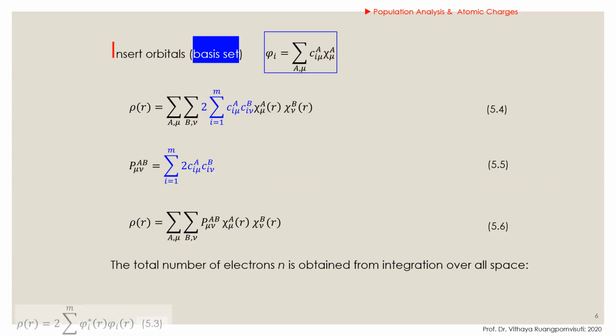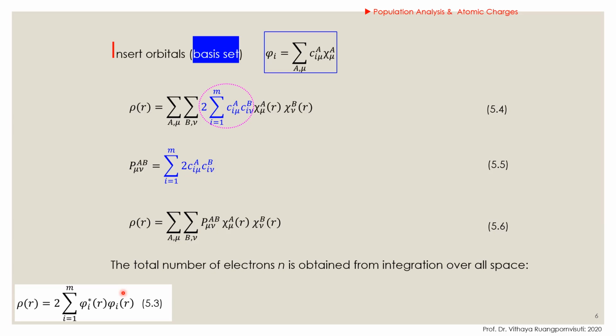To insert the bases or orbitals into equation 5.3, therefore equation 5.4 is obtained. The value is surrounded by the pink dotted line.